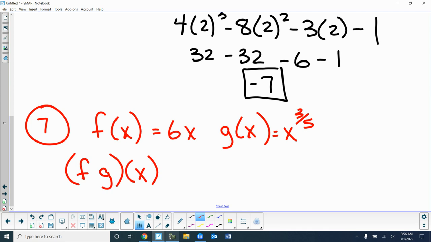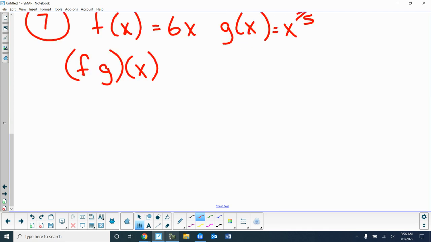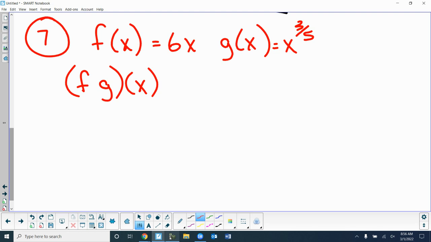Multiply them, yeah. All right, so this is 6x times x to the 3/5, right? So what am I supposed to do with the 6 and the 1 in front of the x to the 3/5? Multiply those, right? There's a 1 there that we don't see. What are we supposed to do with the exponents? Add them.